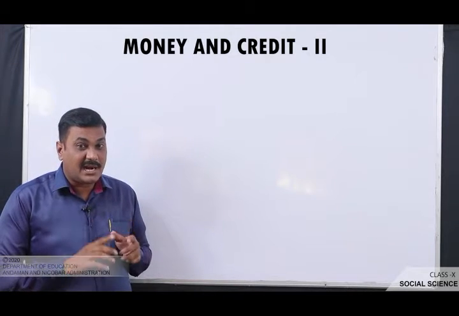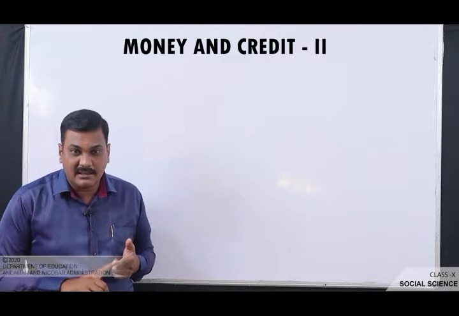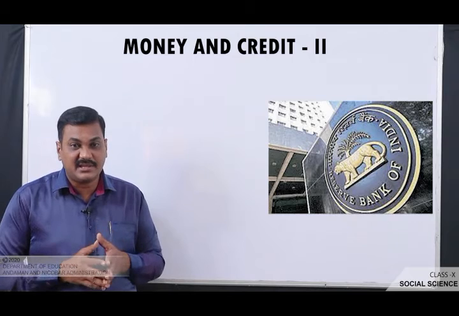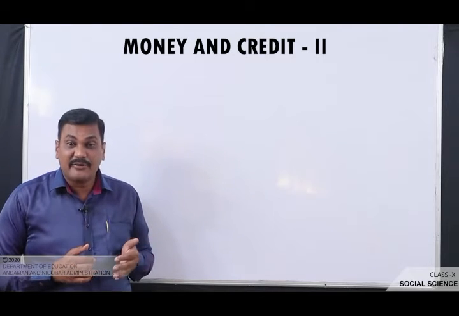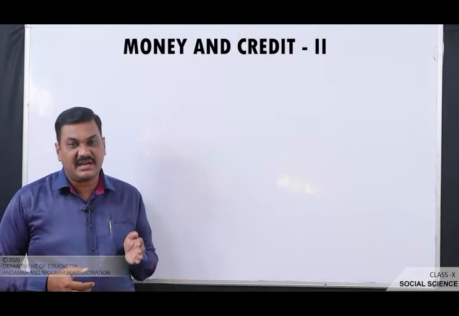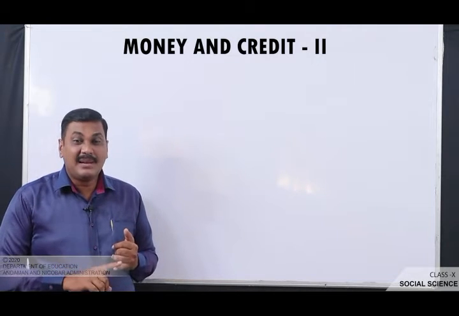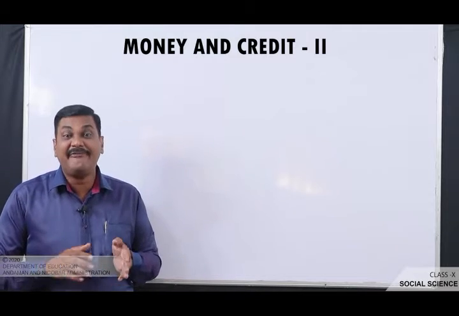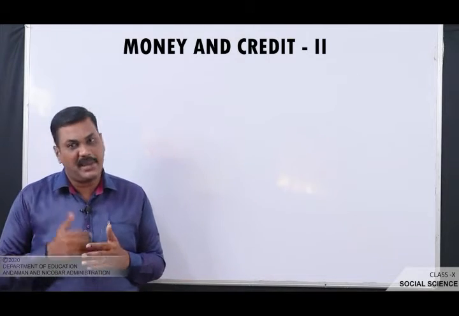Formal sources are controlled by RBI, the Reserve Bank of India, with a reasonable and justified rate of interest, granted for productive purposes only, and more documentation required. Legal proceedings are followed to recover the loan amount if the borrower fails to repay.